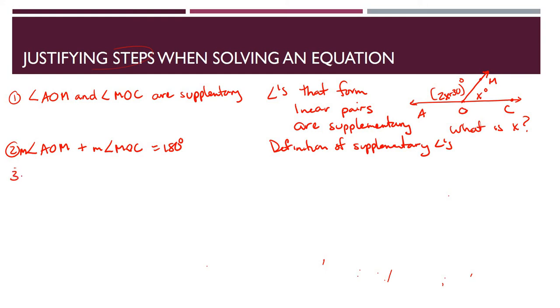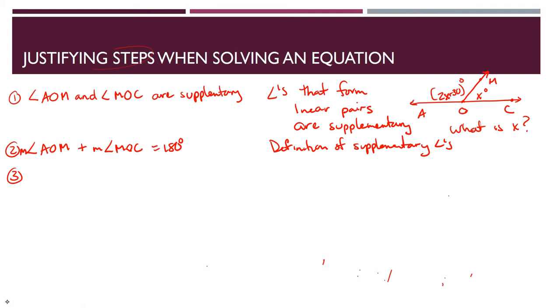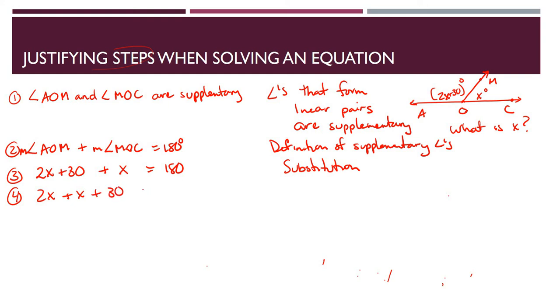Okay, the next thing I'm going to do is I'm going to say, well, the measure of angle AOM is 2x plus 30, and the measure of angle MOC is x, so those equal 180. That's by substitution. The next thing I'm going to say is that 2x plus 30 equals 180.